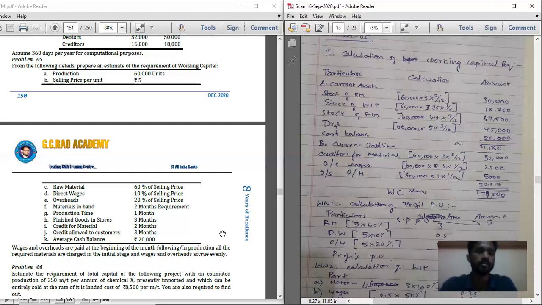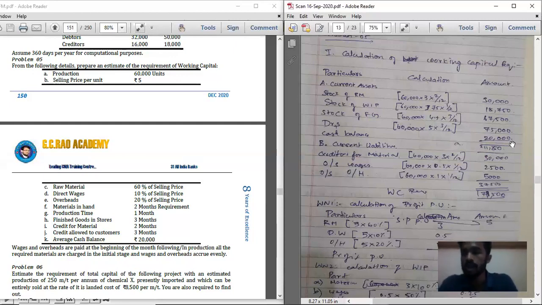Below the debtors, now record cash balance. How much is the average cash balance required? 20,000. In respect of amount, put 20,000. Now total the current assets. 30,000 plus 18,750 plus 67,500 plus 75,000 plus 20,000.